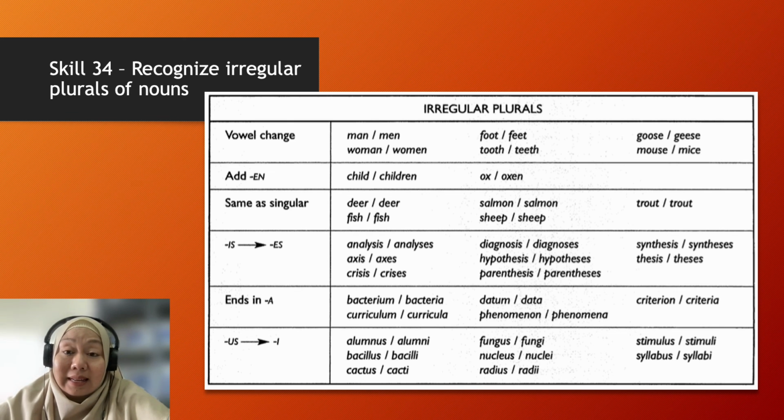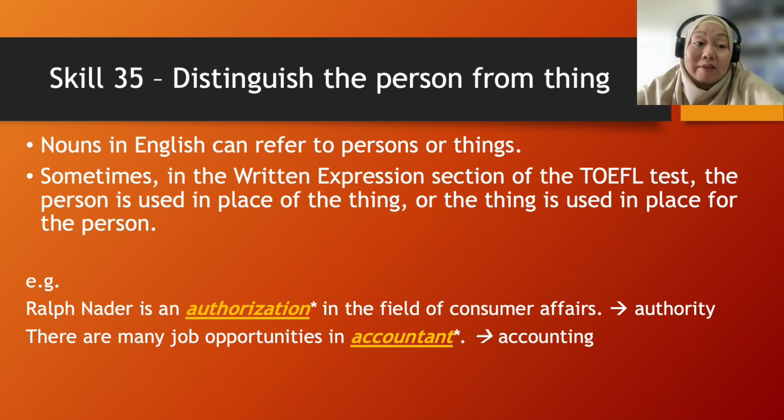And last but not least, we have skill 35, which is distinguishing the person from the thing. Okay, why do we need to be able to distinguish the person from the thing? Because nouns in English can refer to persons or things.